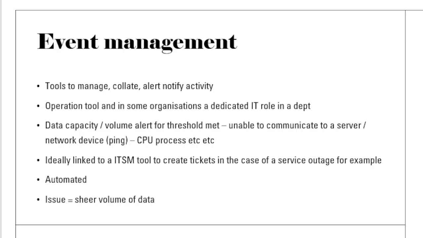So look for automation activities and automation opportunities in there. One of the big issues around event management is the sheer volume of data. It can become unmanageable very, very quickly, and it's important to be able to work out where are the important items that need to be looked at versus the other items that are just for information.